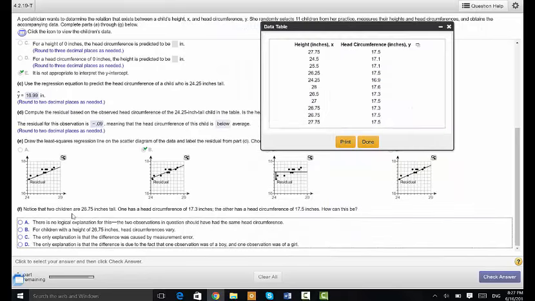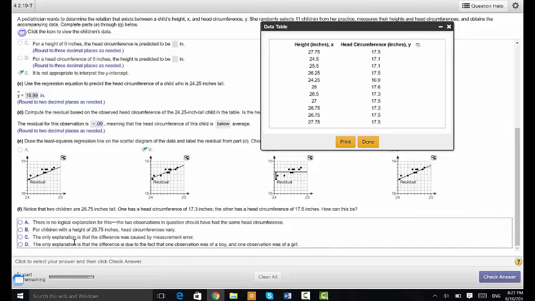Last part. Notice that 2 children are 26.75 inches tall. Look at the data here: 26.75, 26.75, but one has a head circumference of 17.3 inches, the other 17.5. They are different. So how can this be? It's normal, because you can have 2 children of the same height but different head circumferences.